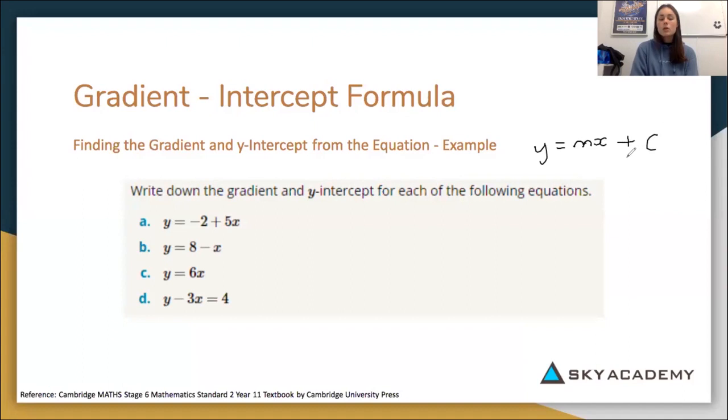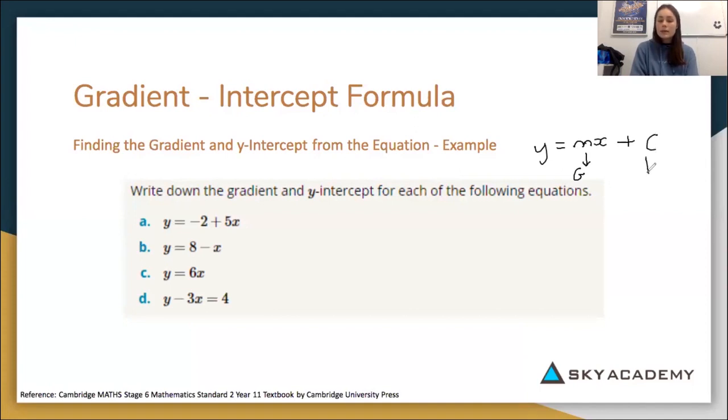Whatever number is next to x is going to be our gradient. I'll put a G there for gradient. And whatever number is hanging on towards the end or by itself is going to be the y-intercept.